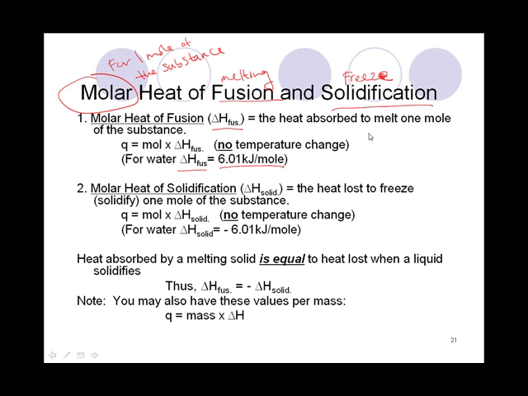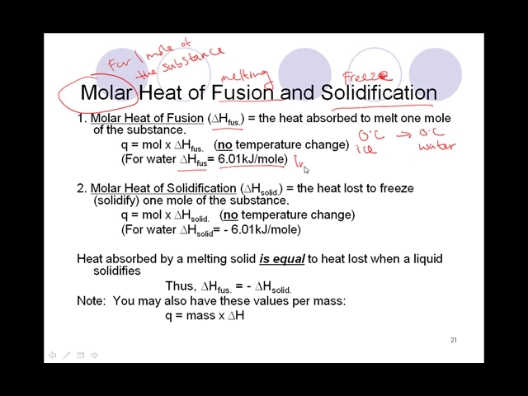So if I am going from 0 degrees Celsius ice to 0 degrees Celsius water, I want to know how much energy it takes to change the ice into the water. And let's say I have 18 grams of water.